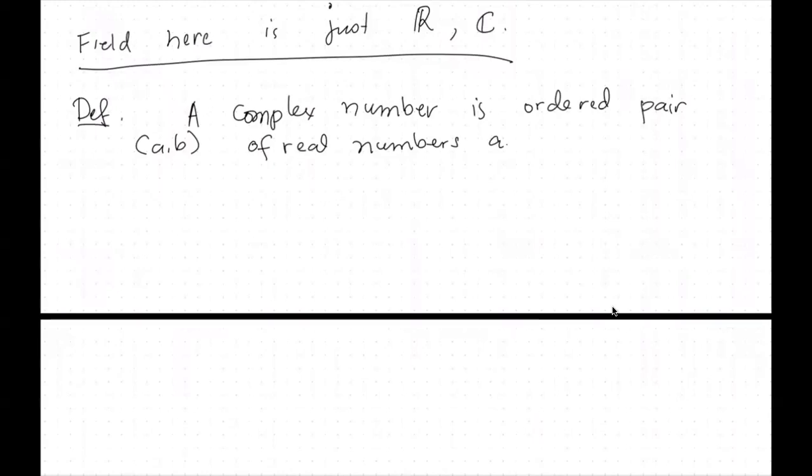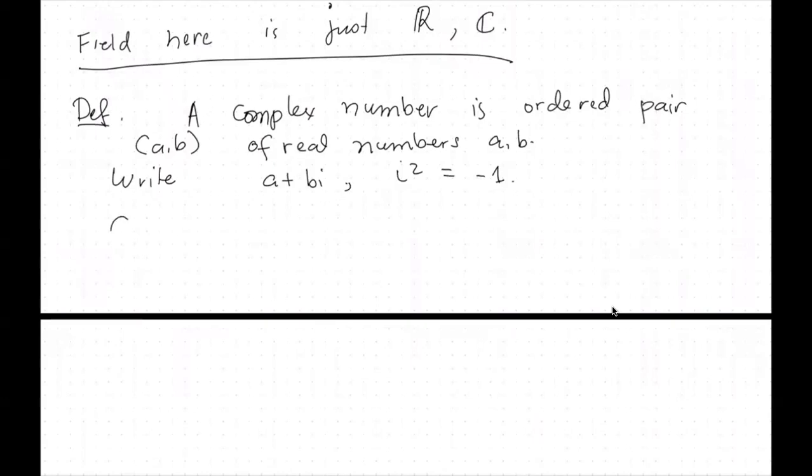We write it as a plus bi, where i squared is -1. This is from high school.